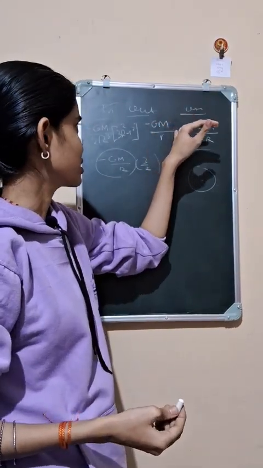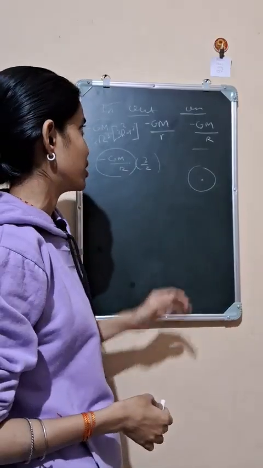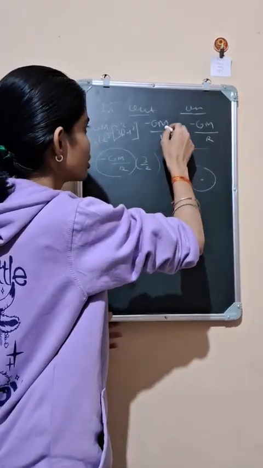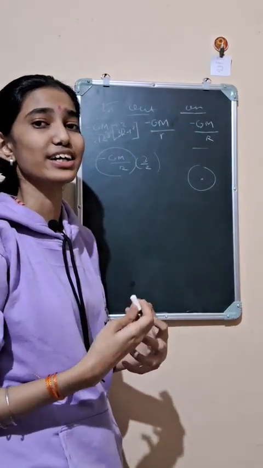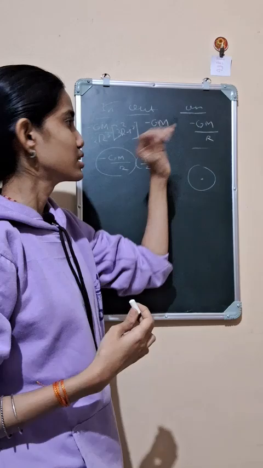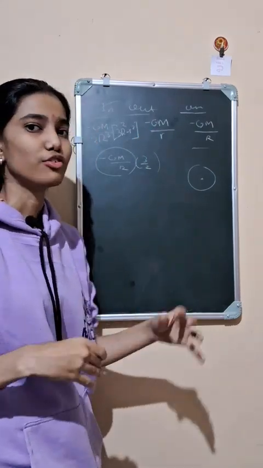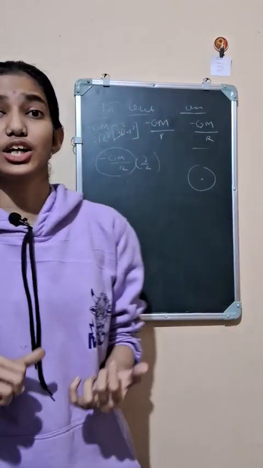And outside the surface, minus GM by r is the potential due to a solid sphere, looks like something for a point mass, right? So if I differentiate it with respect to dr, means take the negative gradient of this thing, I will get the field. You know, negative gradient of potential energy is force, negative gradient of potential is field.